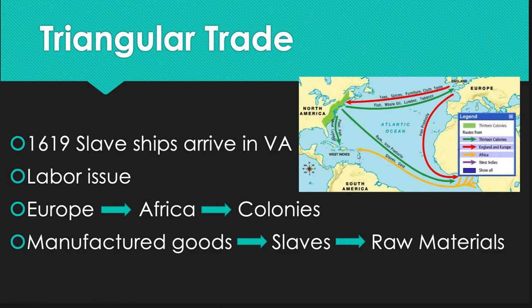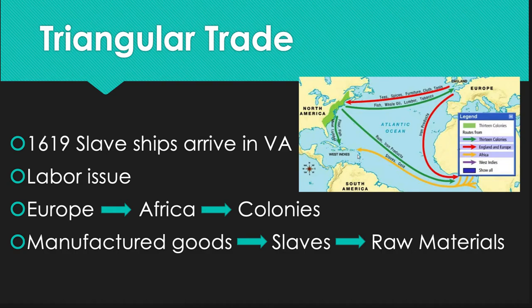And when we look at what the colonies are trading to Africa, you're going to see products like rum and other iron products. Then you're going to see the colonies trading with England, with Europe, the fish and whale oil coming from the New England colonies, lumber coming from the middle colonies, and tobacco coming from the southern colonies.